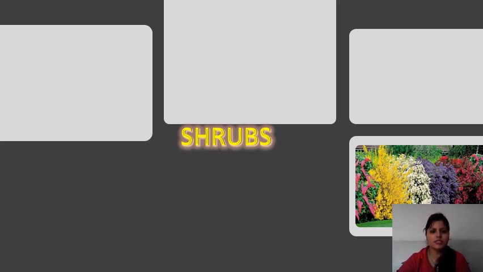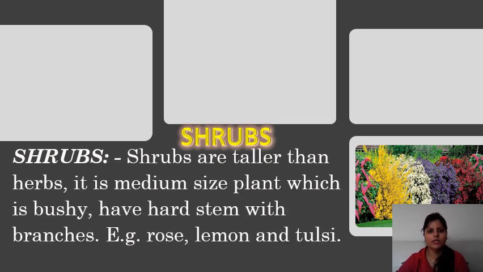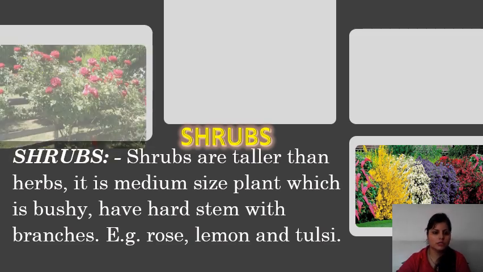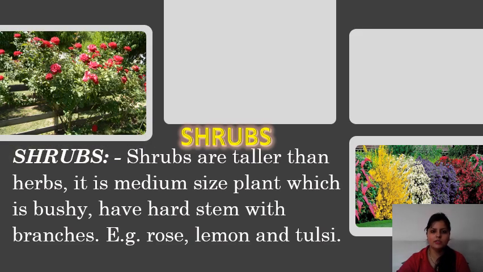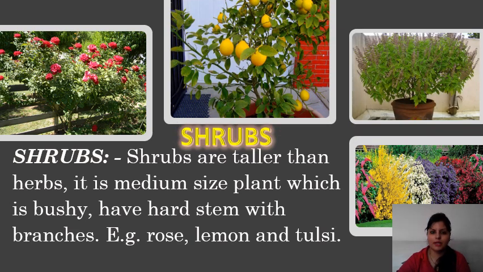Shrubs are taller than herbs and shorter than trees. They are bushy plants and at the same time they have stem and branches also. So see the examples: rose plant, lemon plant, and tulsi plant. So let us see the next type of plant.